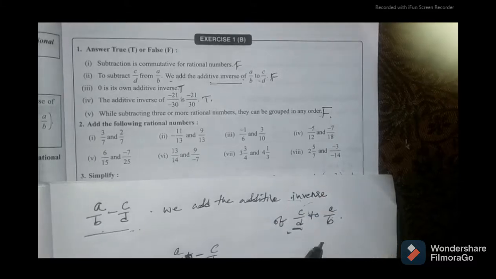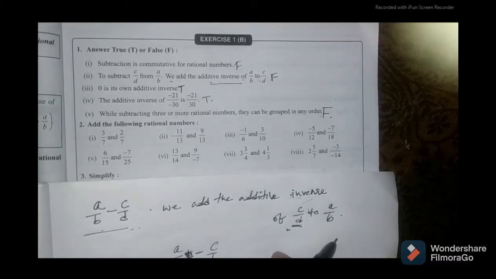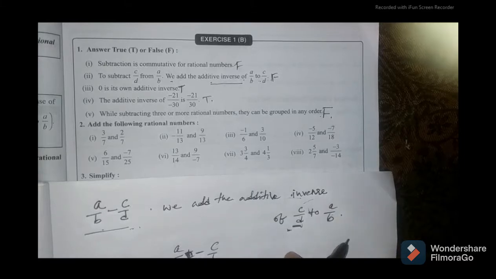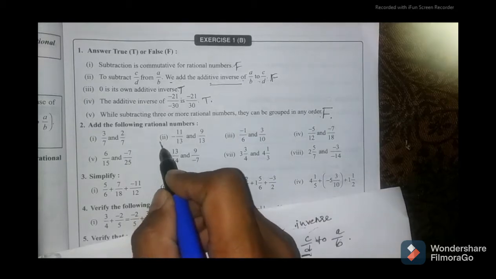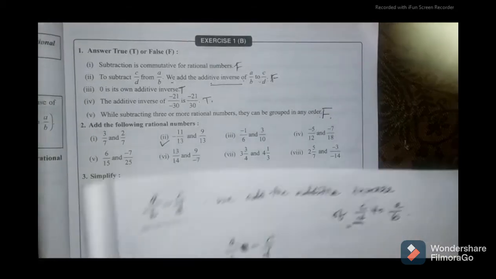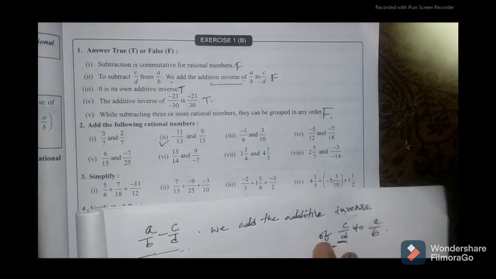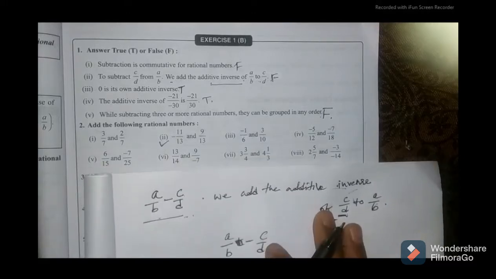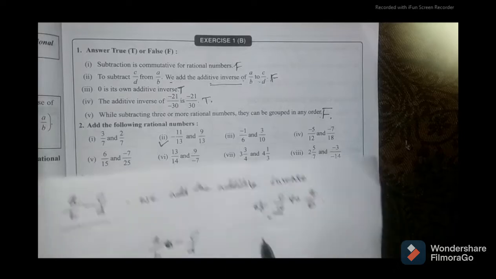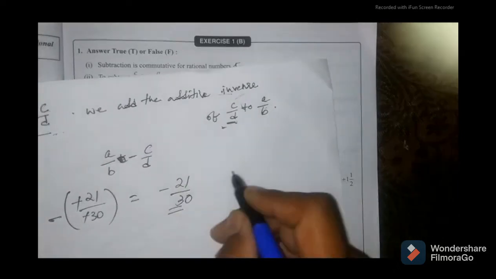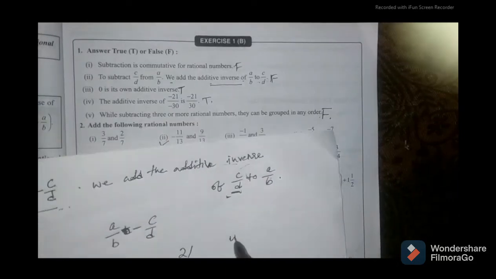Now question number 2. Add the following rational numbers. I will show only one example, then you try the others at home. Now I am solving question number 2.